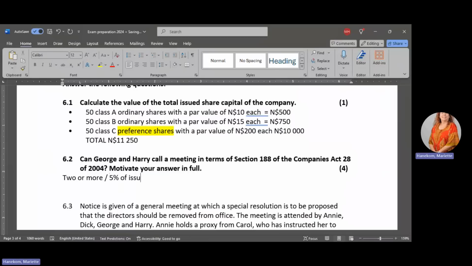See, I also sometimes get confused. That's why I give you these handouts, so that you can always double check, because it becomes confusing to remember these things. I don't need you to waste your brain power. Sorry, it's 10%. 10% of the issued shareholding.